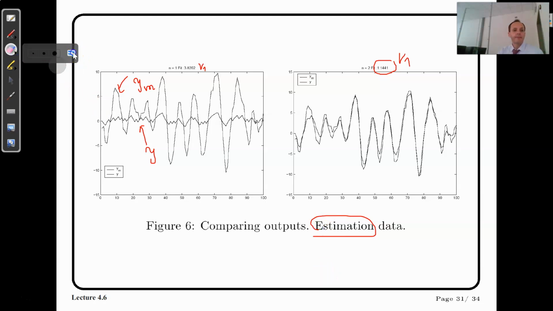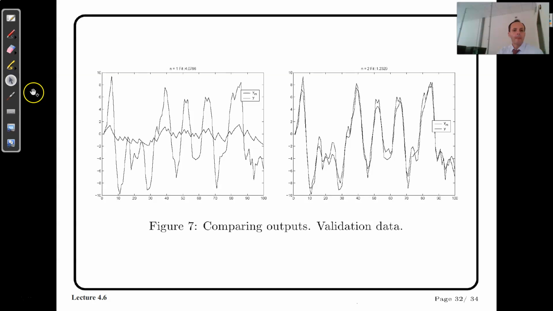Let's check with respect to the validation data. It is even worse. If you can see here, the fit is bigger. V1 is 4. Of course, when you are using validation data, the performances can be slightly worse than the estimation data.